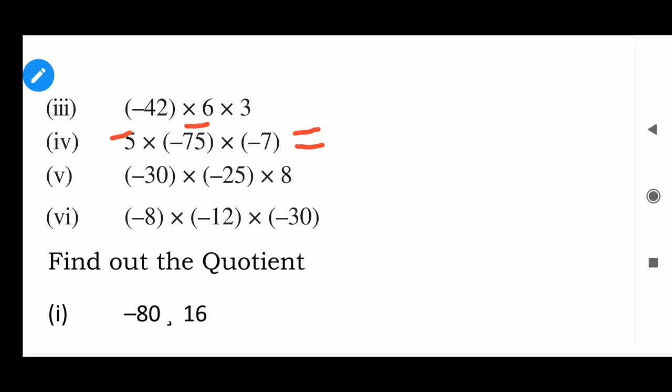First you multiply, it becomes minus, 5 fives are 25 and 2 carry, and 5 sevens are 35 and 2, 37, and into minus 7.